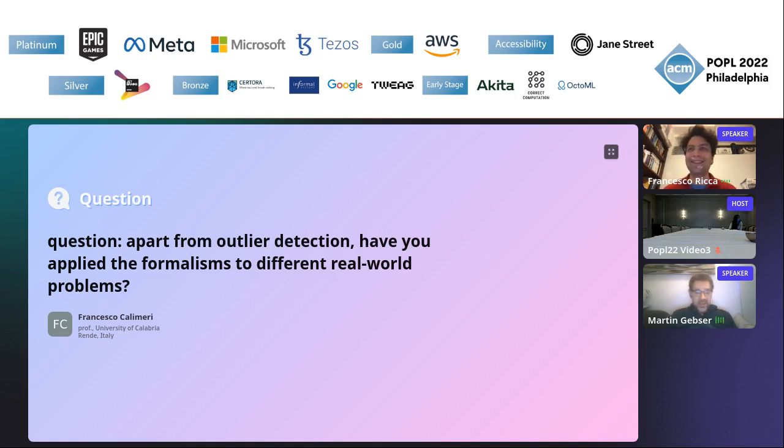Very interesting. We have a question here from the audience now, from Francesco Calimeri. Apart from outlier detection, have you applied the formalism to different real-world problems? Well, Francesco, we are applying it to several other problems. We applied it to model new problems in argumentation coming from abstract argumentation frameworks.